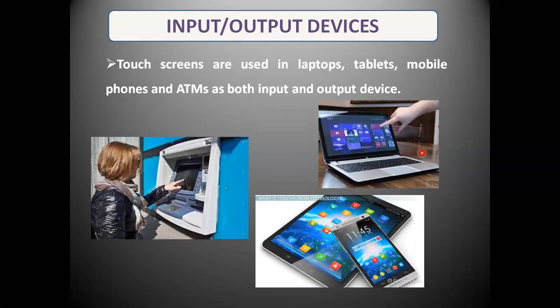So the touchscreens are neither purely an input device nor purely an output device. In fact, it is a mixture of both, because we are giving instruction to the computer, which is input, using the same screen, and the computer is interacting with us, showing us the output on the same screen. So they are both input and output devices.